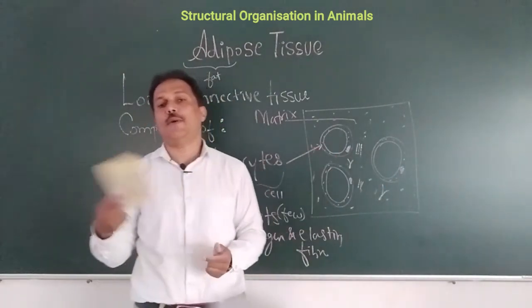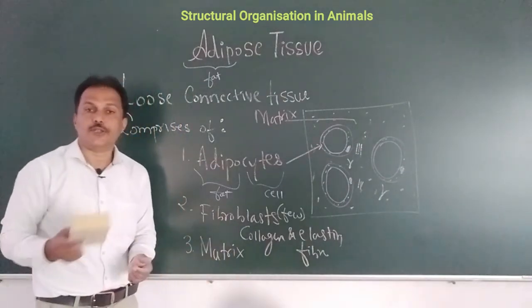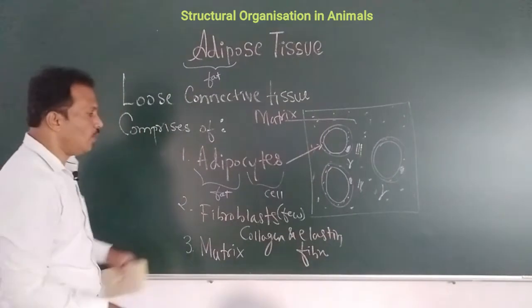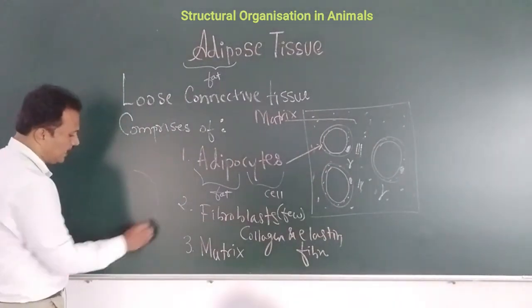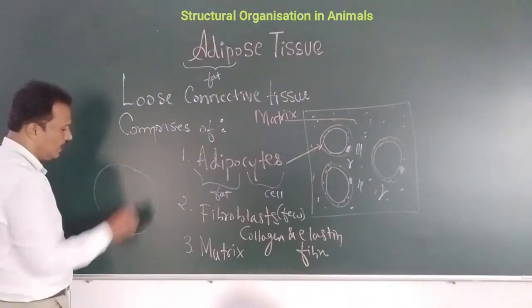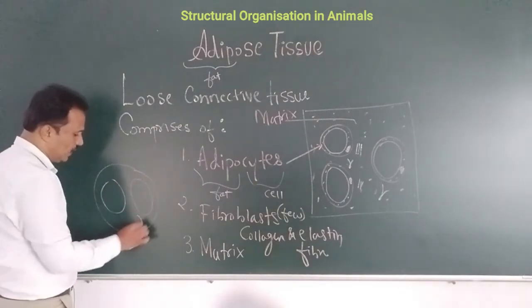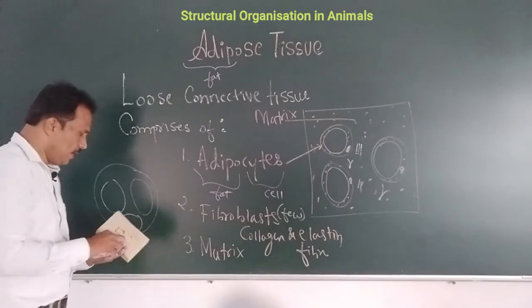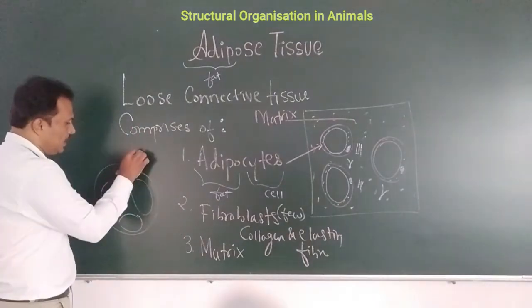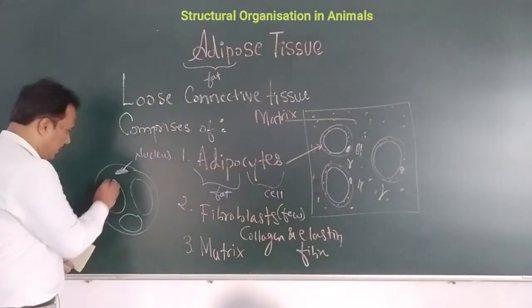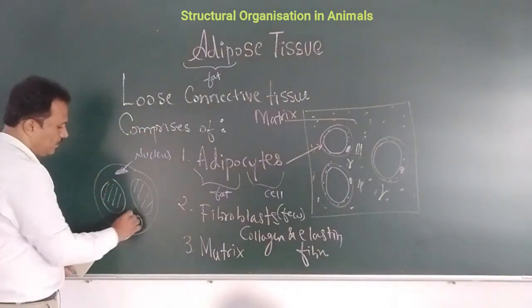There is one more type of adipocyte, which is found in brown fat. In that you will find this is the adipocyte, and in that these are the fat globules, more than one fat globule, and this is the nucleus, and this is filled with fat.